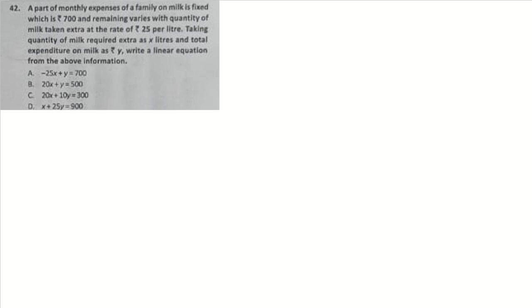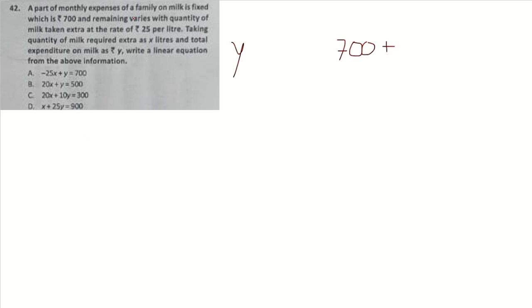So the total expenditure on milk is y. Now we know that there is a fixed 700 rupees and 700 is part of that y. 700 plus something is y.